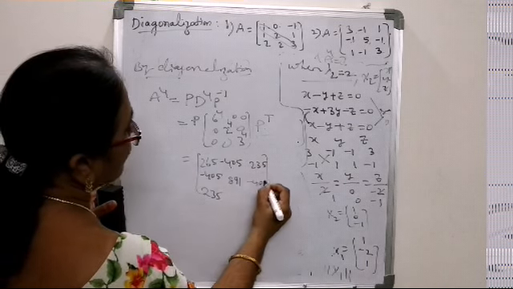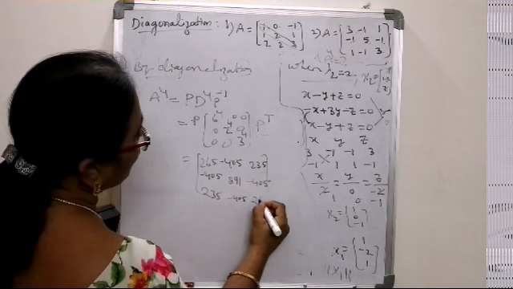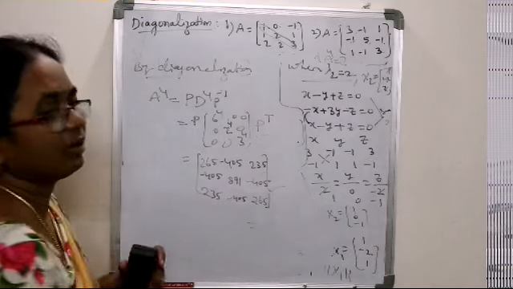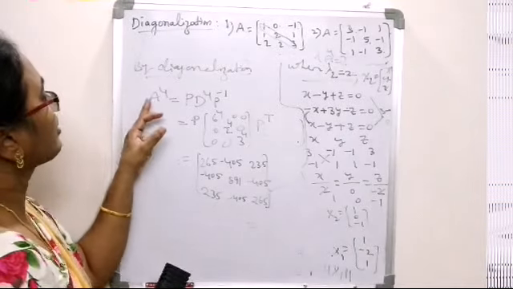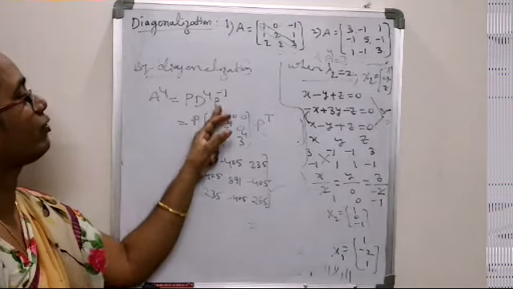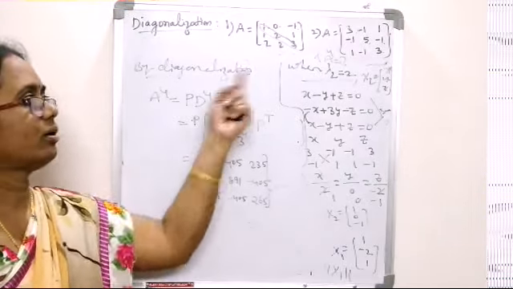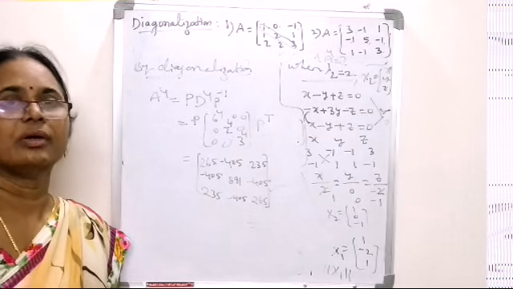This element is also -405. This is -405. And finally we have got 265 here. Please check this calculation part on your own in your notebook. Right? So using the formula A power 4 equals P D power 4 P inverse, we can calculate the required power by the process of diagonalization. I hope you all understood. Thank you one and all.